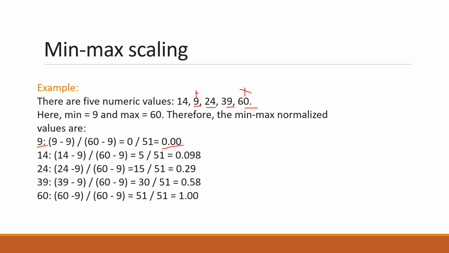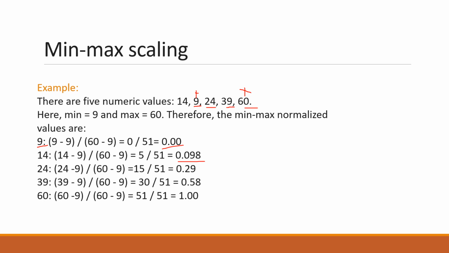For the value 14, the normalized value would be 14 minus 9 over 60 minus 9, which equals 5 over 51, which equals 0.098.